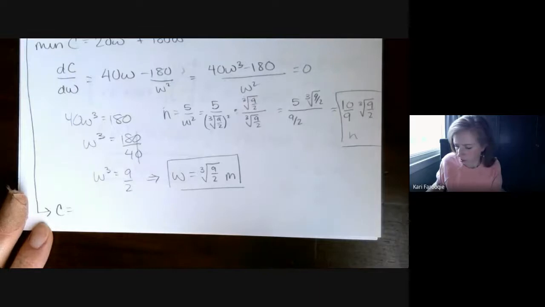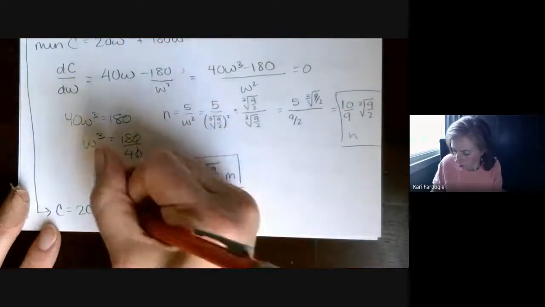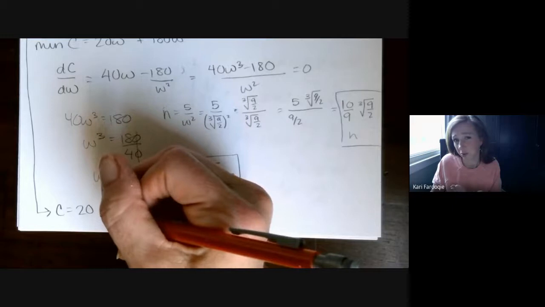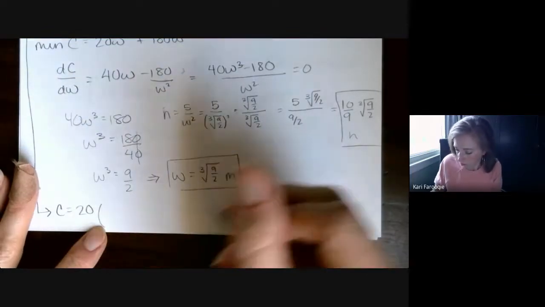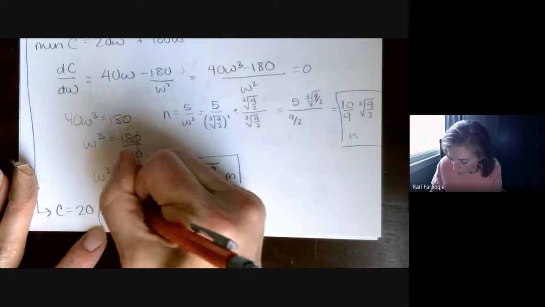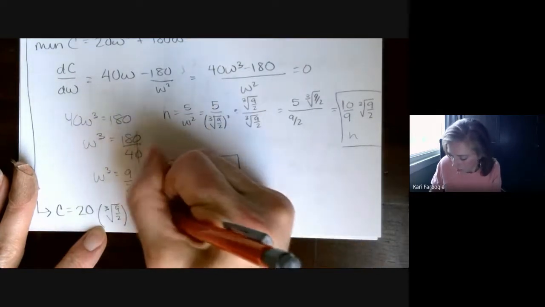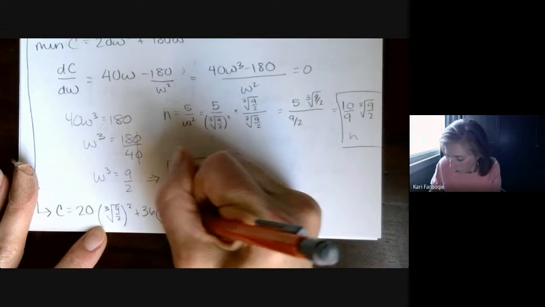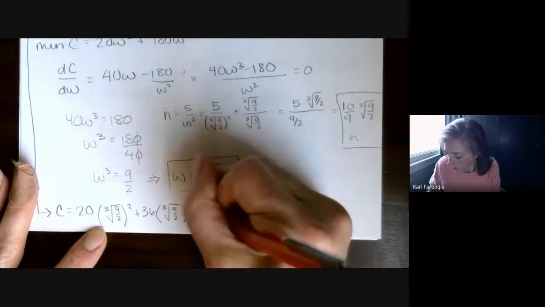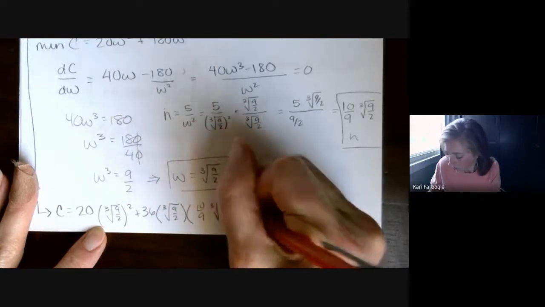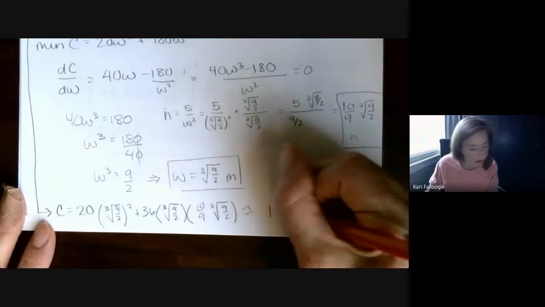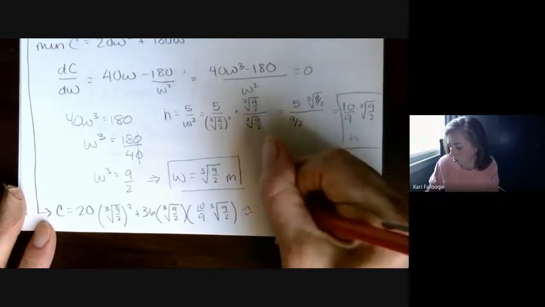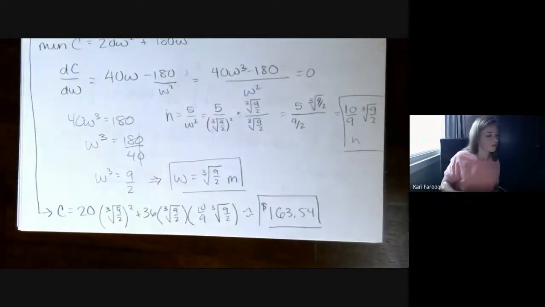And you'll get C equals 20w squared, and this is a cost, so you're going to have to end up rounding it off anyway, because it's going to be written in cents. So you might as well just get me a decimal approximation here for the cost. The cube root of 9/2 squared plus 36 times the cube root of 9/2 times 10/9 times the cube root of 9/2. And you should come up with approximately $163.54.